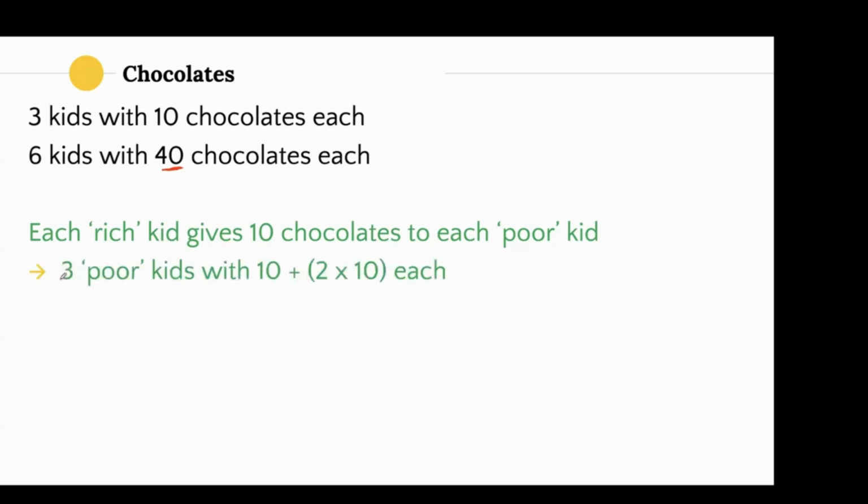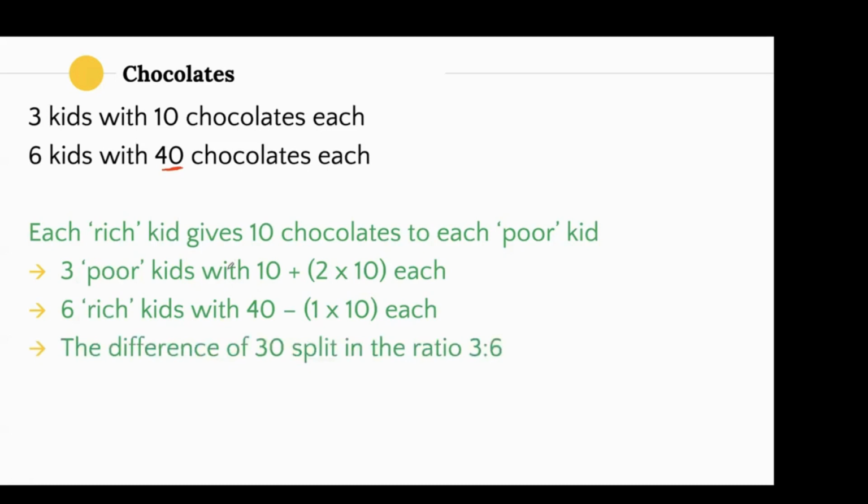Right? So the 3 poor kids will get 10 plus 20 more to overall reach 30. And the rich kids have given out how many? 10 chocolates each. And then overall the average becomes 30.